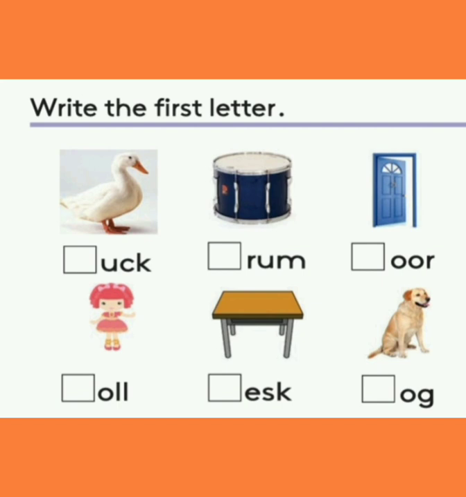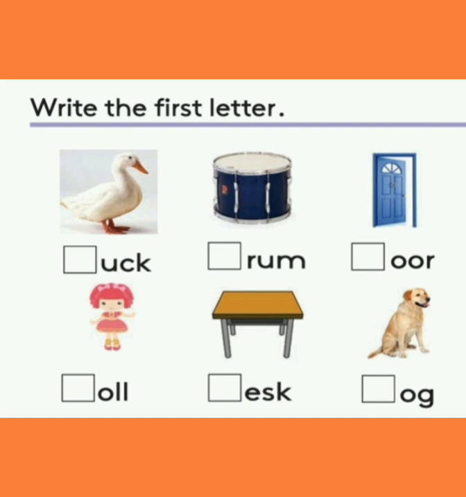See, letter D is missing, I guess. Okay, so you are going to write this first letter. Okay, duck, drum, door, doll, desk and dog. Okay, there are 6 pictures given in this exercise. Okay, so you have to complete it writing the first letter. Okay, write it very neatly.